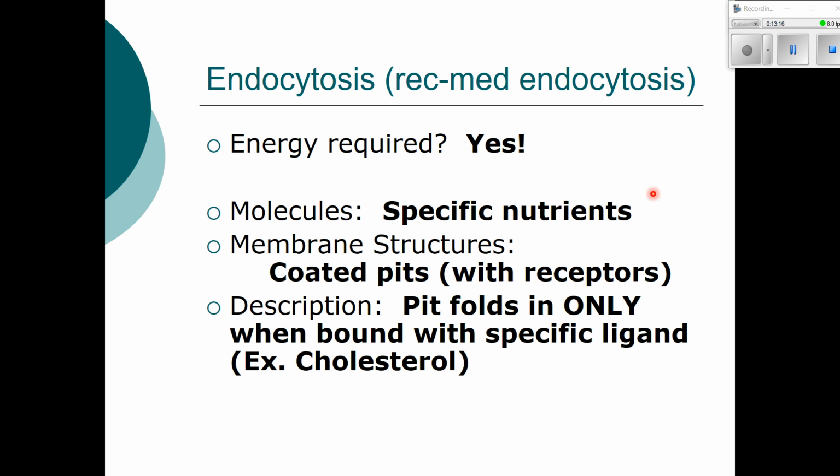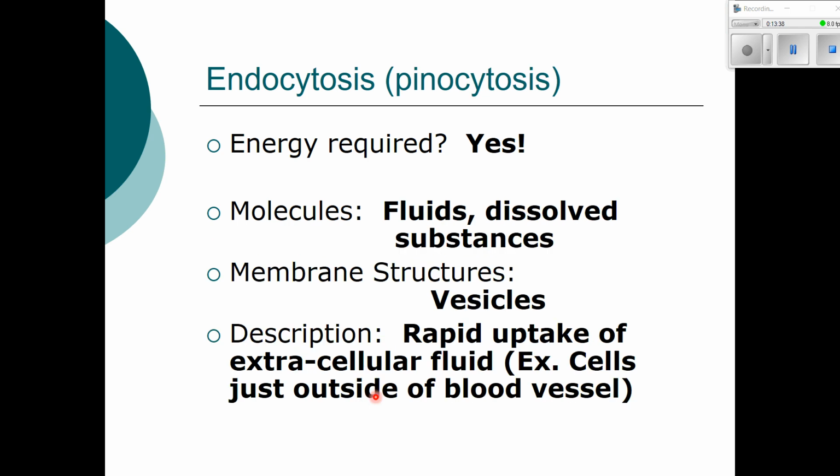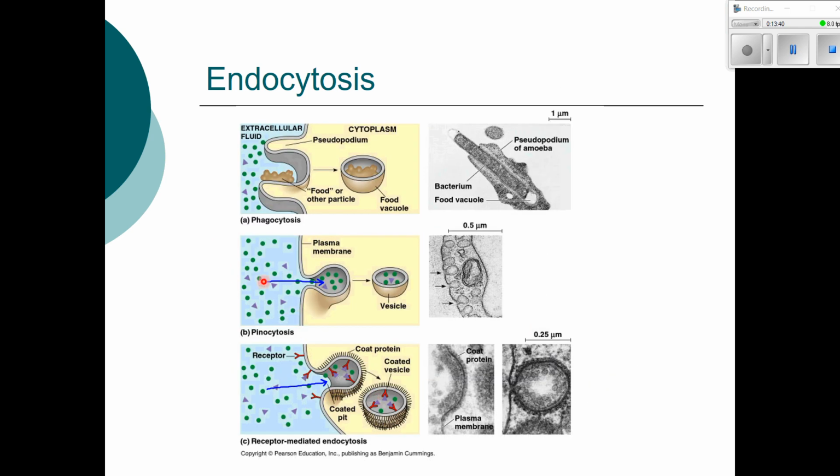This is how cells take in specific nutrients by gulping extracellular fluid only when the receptor is bound with a specific ligand. That's just a fancy word for a specific molecule or nutrient. And the example that I used was cholesterol. So those two processes, pinocytosis and receptor-mediated endocytosis, are very, very similar.